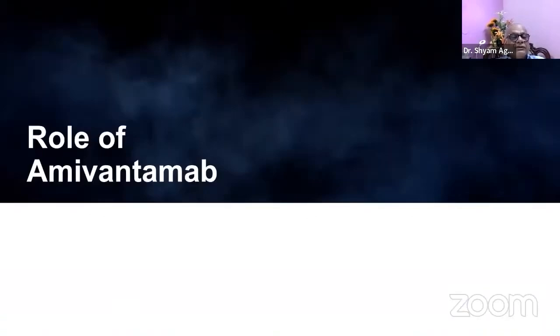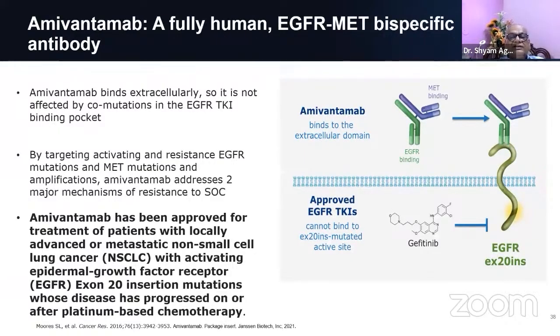So now coming to the drug which has become available to us, which is amivantamab. Next. So this is an interesting drug because it is an EGFR MET bispecific antibody. As you can see, there are 2 binding sites here: MET binding and EGFR binding, the green and the blue one.